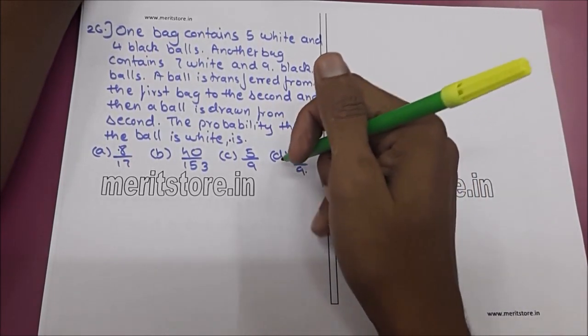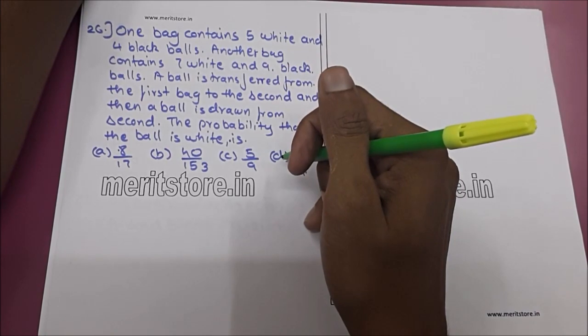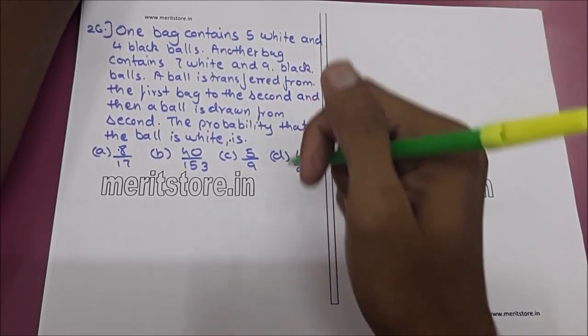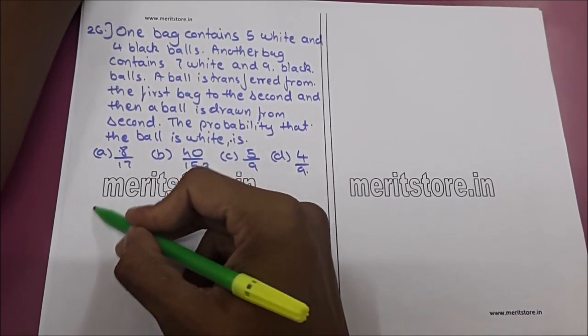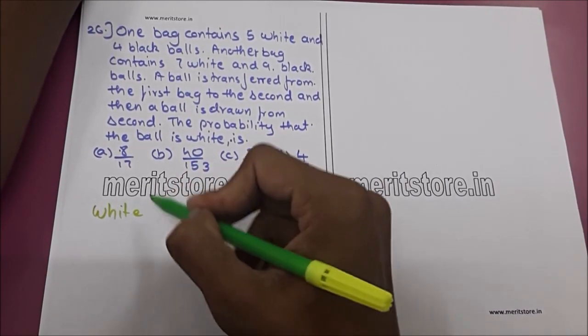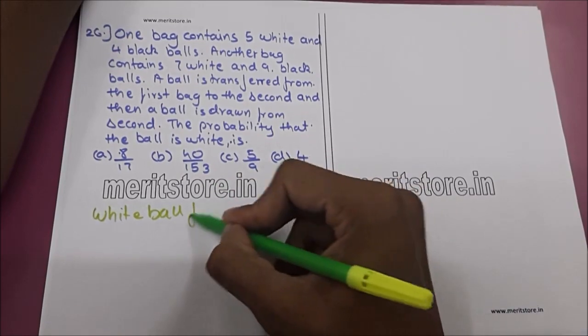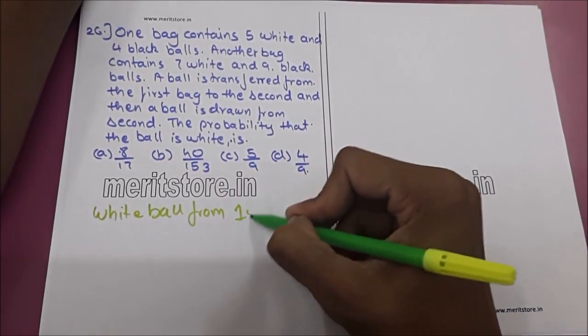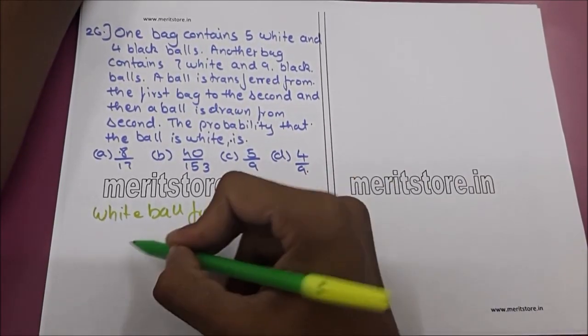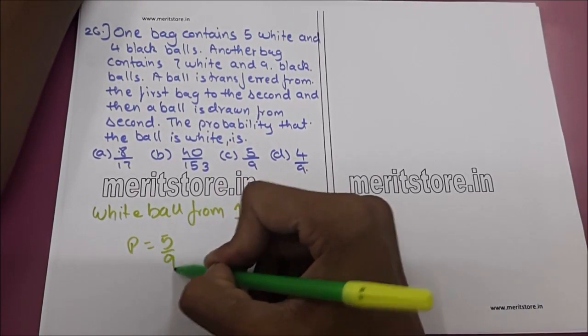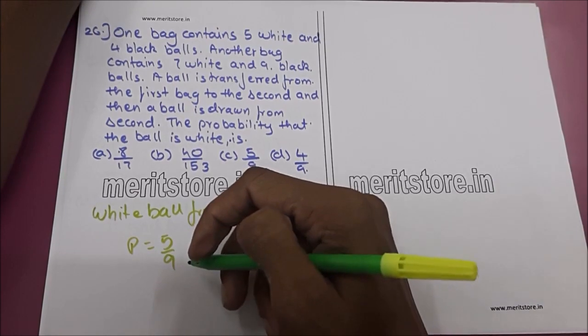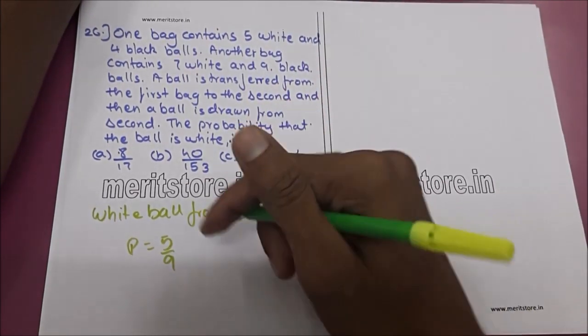Let a white ball be transferred from the first bag to the second. The probability of selecting a white ball from the first bag, that is P, is equal to 5 by 9. Now the second bag has 8 white and 9 black.